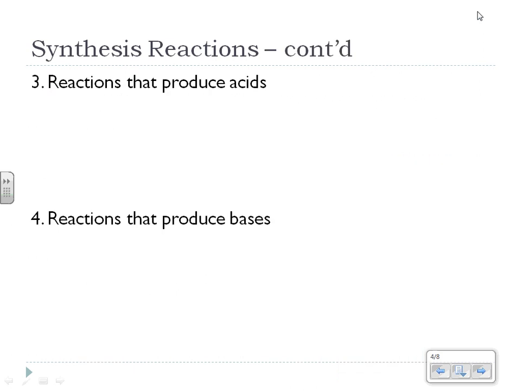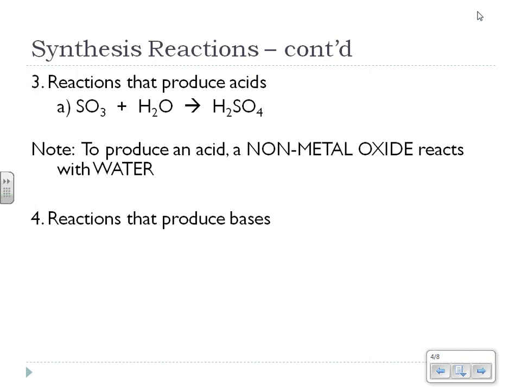Two more types of synthesis reactions. One produces an acid. So for example, this one here, SO3 plus H2O will give you H2SO4. Note, to produce an acid, here's the thing you've got to remember, you need a non-metal oxide reacting with water. So let's see if that makes any sense. Here's my non-metal oxide, my sulfur trioxide. So sulfur is a non-metal, it's bonded to oxygen.